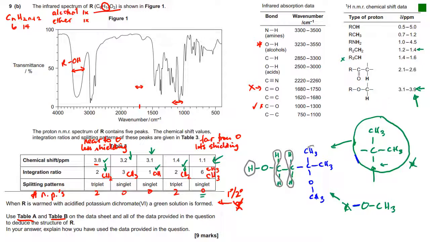We've got 6 hydrogens here that are connected to a carbon that has no protons attached to it. And we've got 3 hydrogens here on a methyl group that is connected to an oxygen. That's 1, 2, 3, 4, 5 grey groups. So it all seems to make sense. I would personally leave that like it is and move on.